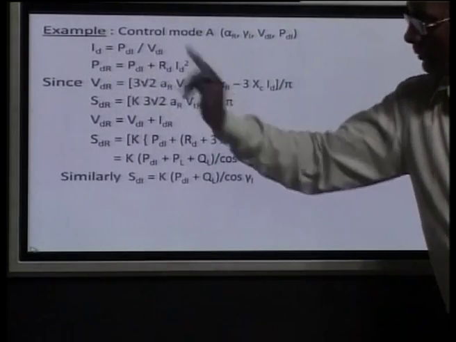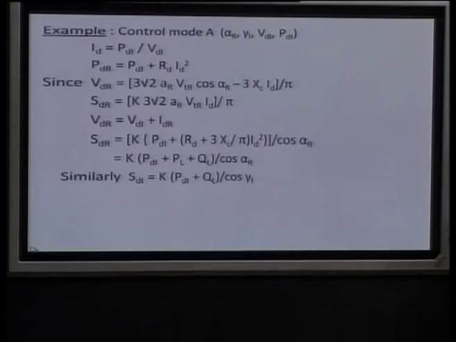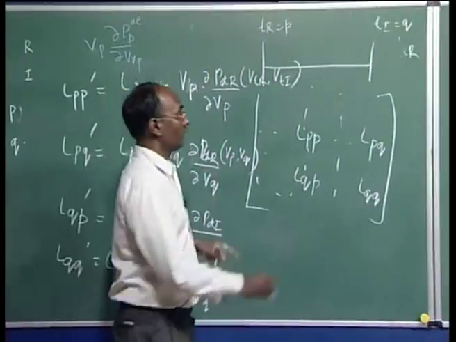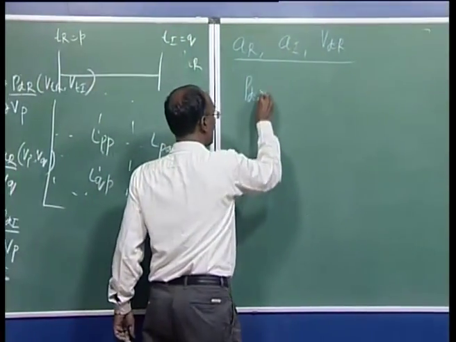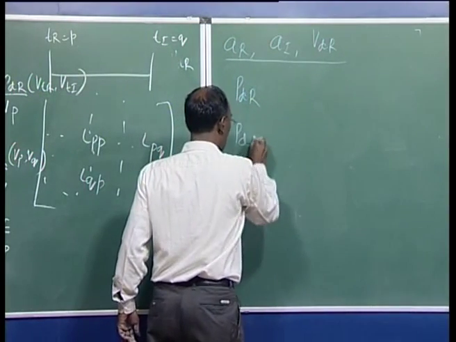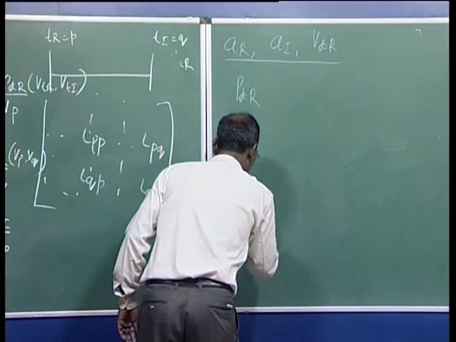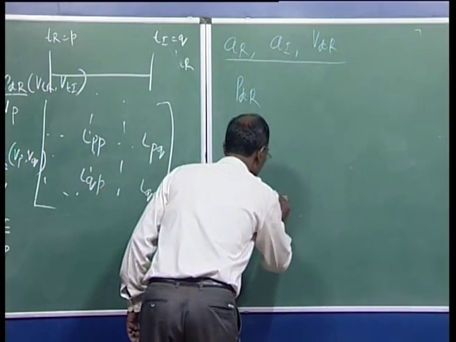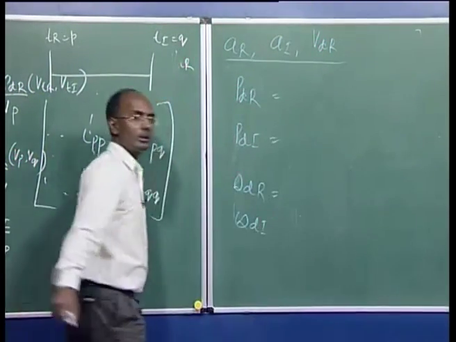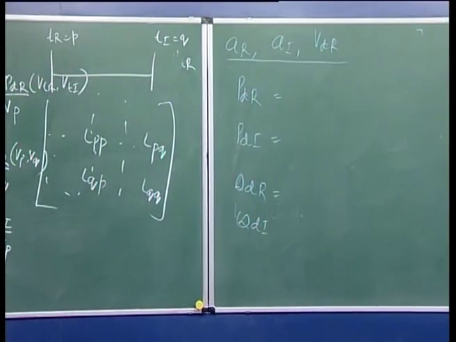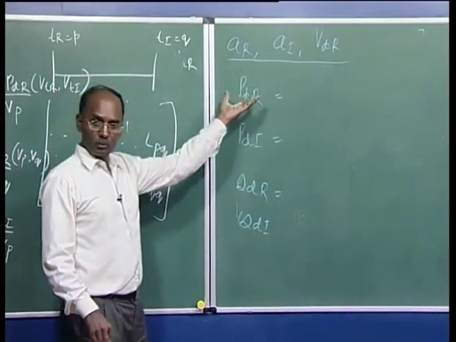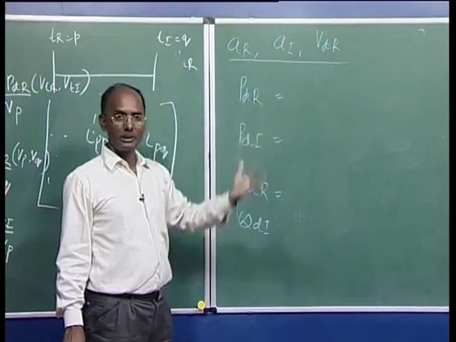Now, for the power at the rectifier end, we require the following variables: PDR, PDI, and then QDR and QDI. So, these 4 variables we require at all. Already the PDR we know, it is in terms of PDI.